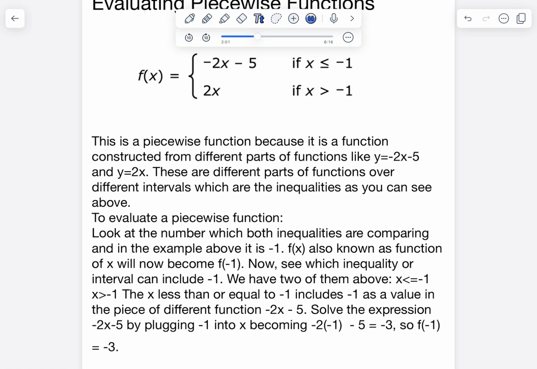And in the example above, it is negative 1, right? So as you can see above, both the inequalities are comparing the number negative 1. f of x, also known as function of x, we have learned this before, will now become f of negative 1, right?